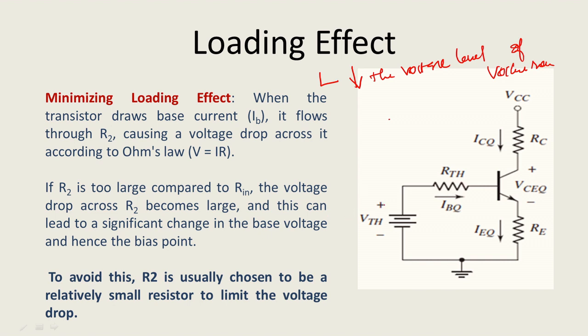When it comes to the base terminal, your voltage will reduce. For example, if I am giving 5, when it comes to the base, you will get only 1 if you have a higher loading effect. When you have a less loading effect, you will be getting 4.3. So this is very important when you are designing a divider biasing circuit. It is a must to reduce the loading effect. It needs to be minimized.